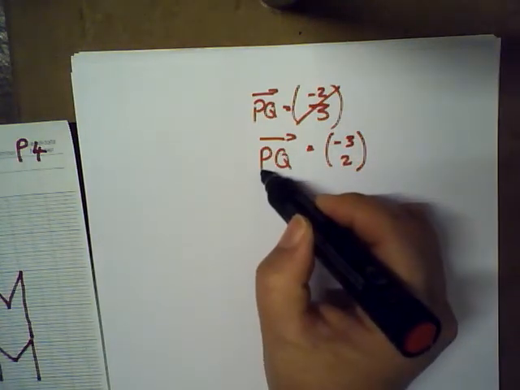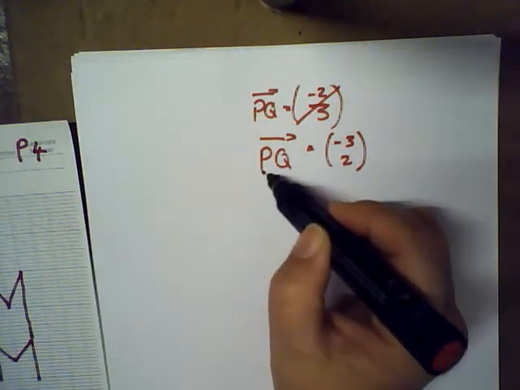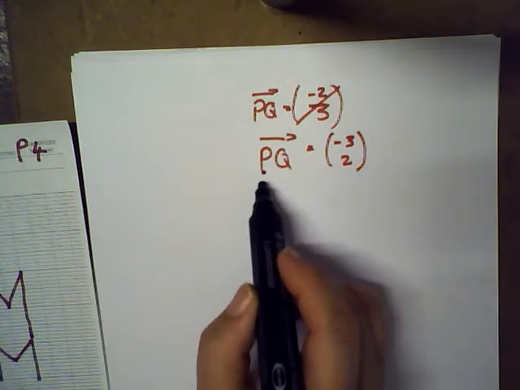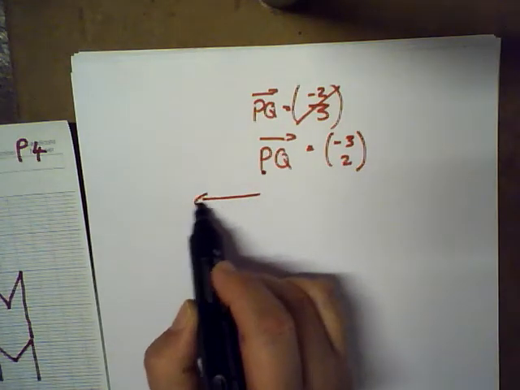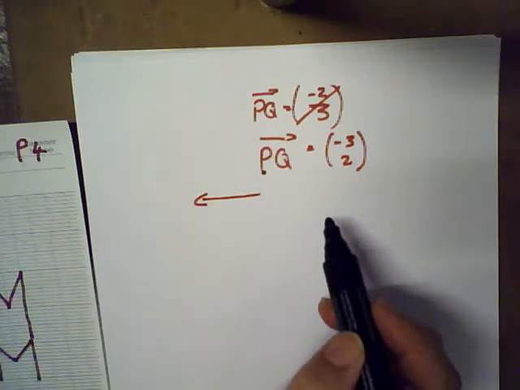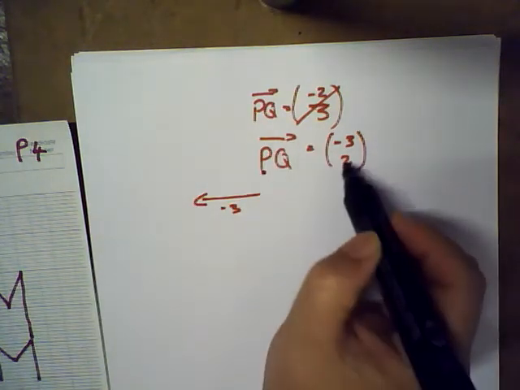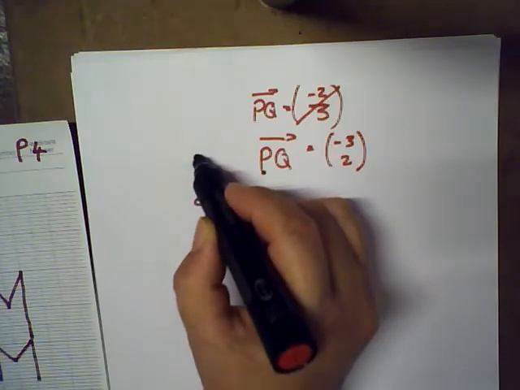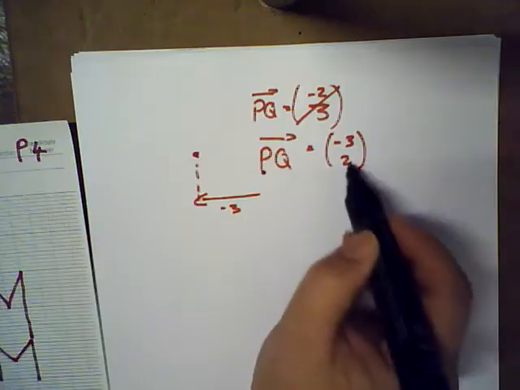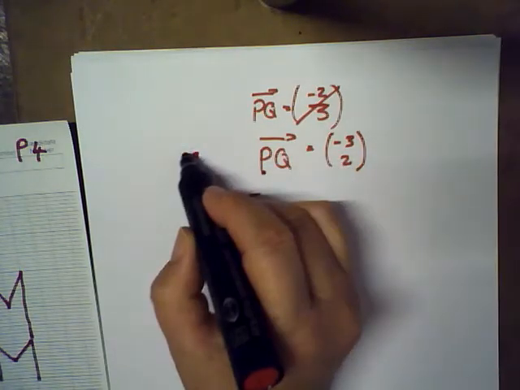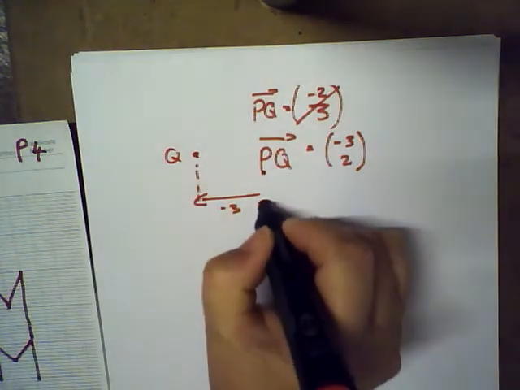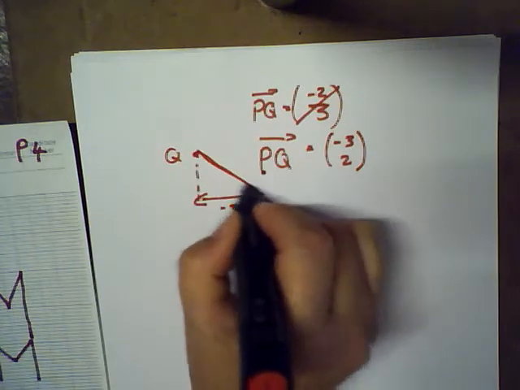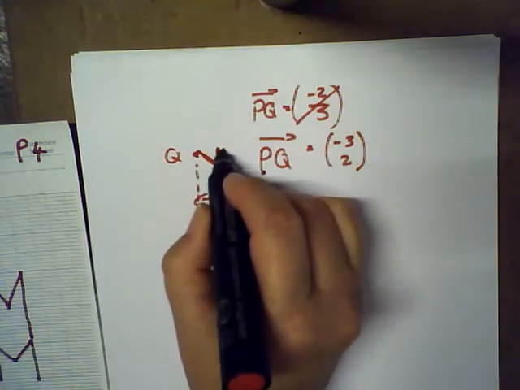So I'm starting off at P. I'm going to move three spaces in the x direction, but it's negative three spaces. Then I need to move 2 spaces positively in the y direction, and this would be the point Q if P is over there, and that's the line. That line there is the line PQ.